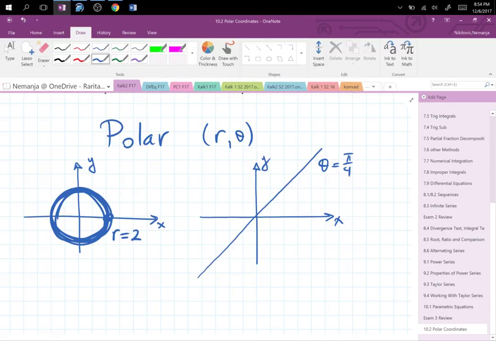So here is the picture of a cardioid. Right, looks like a heart. So cardioid, and there should be a spiral somewhere in here. There it is. r equals theta.